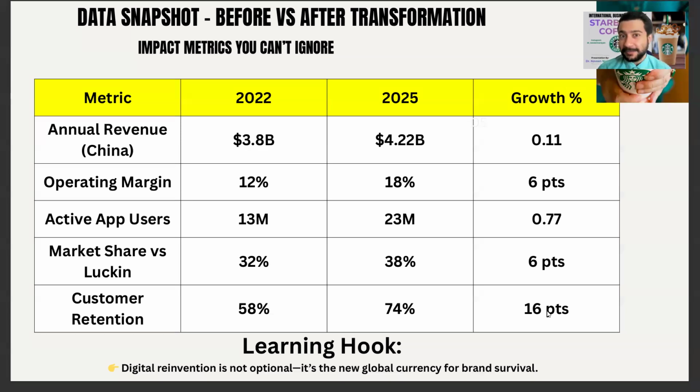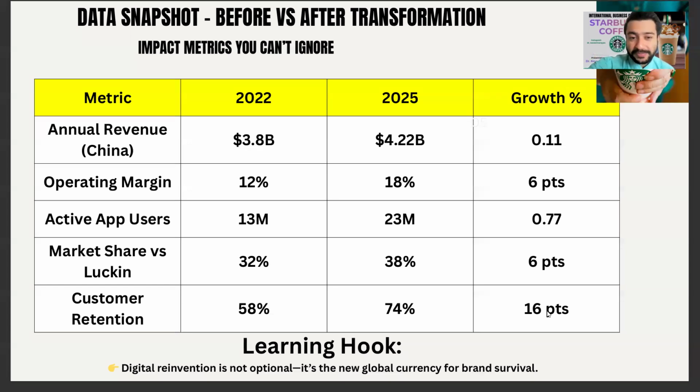Localization and digital rebirth, connecting with local brands and local people, with the global and premium brand, going with small shops nearby, and digitally getting more orders and reaching customers within a few minutes. That helped Starbucks sustain at the global level, contribute to China's growth, and establish itself as a global brand.